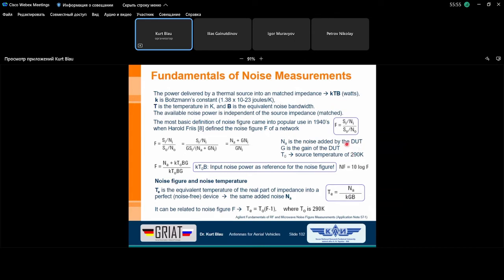This is related to the source temperature of the real part of the impedance of the source of 290 Kelvin. It's in Celsius about 16.8 degrees Celsius.